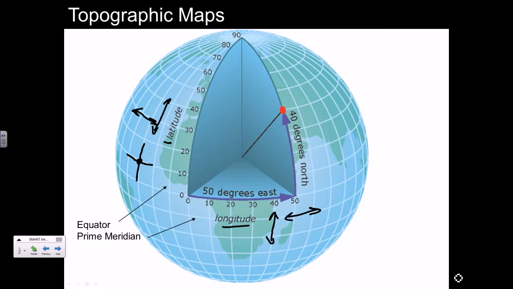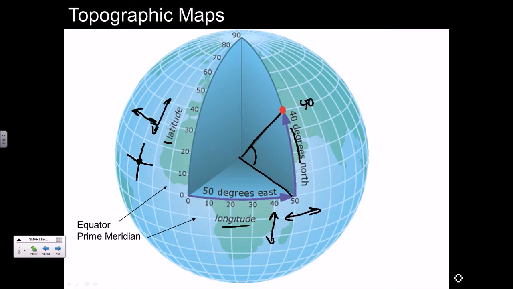The units we primarily use are shown here, and those units are degrees. Why do we use degrees? Because we're actually measuring the angle inside the Earth here between this line, or what we call a parallel, and the equator. We're measuring that angle, and we find that it is 40 degrees, and so this becomes the 40th parallel.